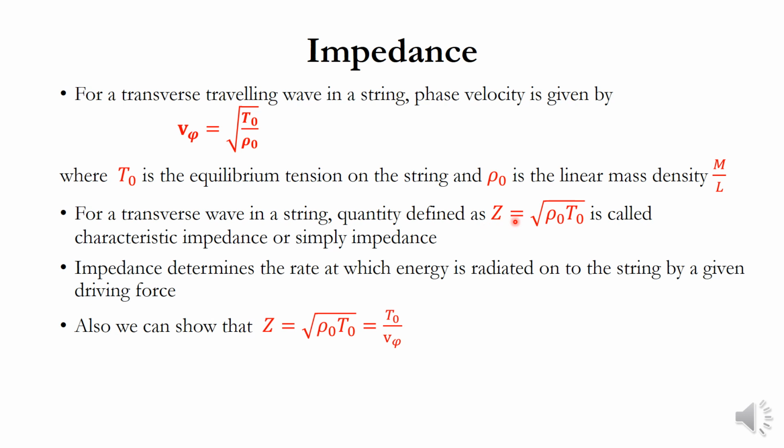Like in electric current, the intensity of current is determined by the resistance or impedance of the circuit. Also, we can show that this Z is equal to root of rho 0 into T0, which is equal to T0 by v phi. From these two equations, we can see that Z is equal to T0 by v phi.